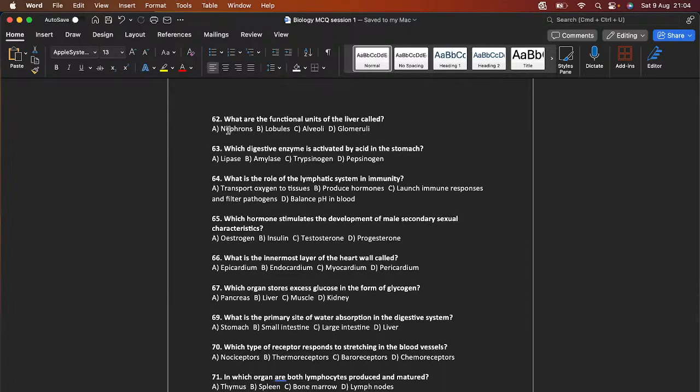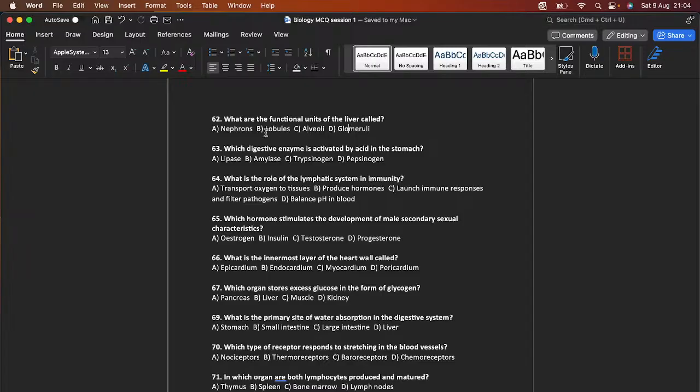What are the functional units of the liver called? Nephrons, lobules, alveoli, glomeruli. So it will be the lobules. Okay, so the liver is made of tons of these lobules that eventually lead to the formation of the lobes of the liver. We have left and right lobes. So these are all essential functional units of different organs.